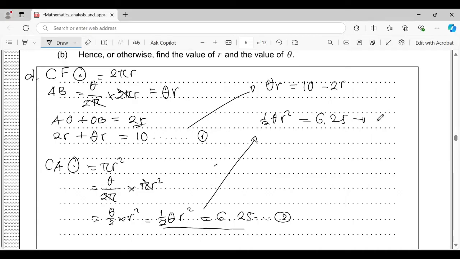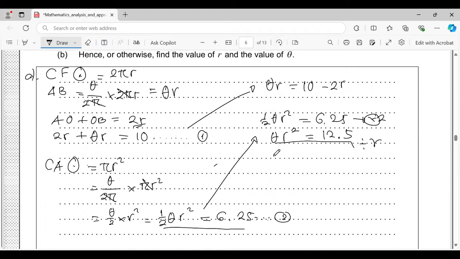I'm going to multiply 6.25 by 2, and it becomes theta r squared equals 12.5. After that, divide by r.